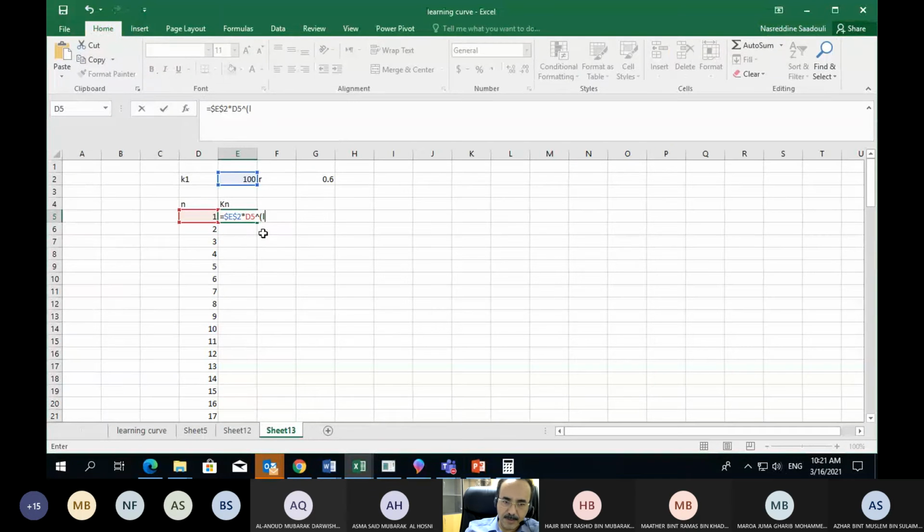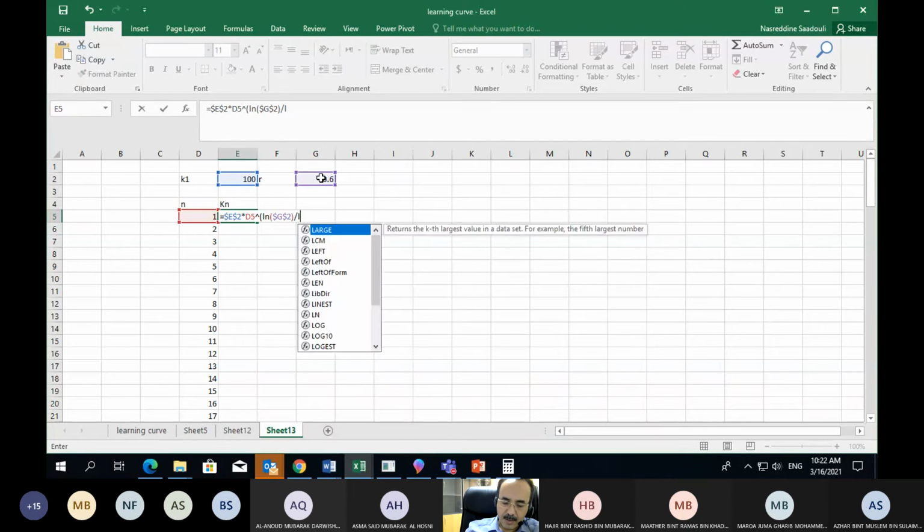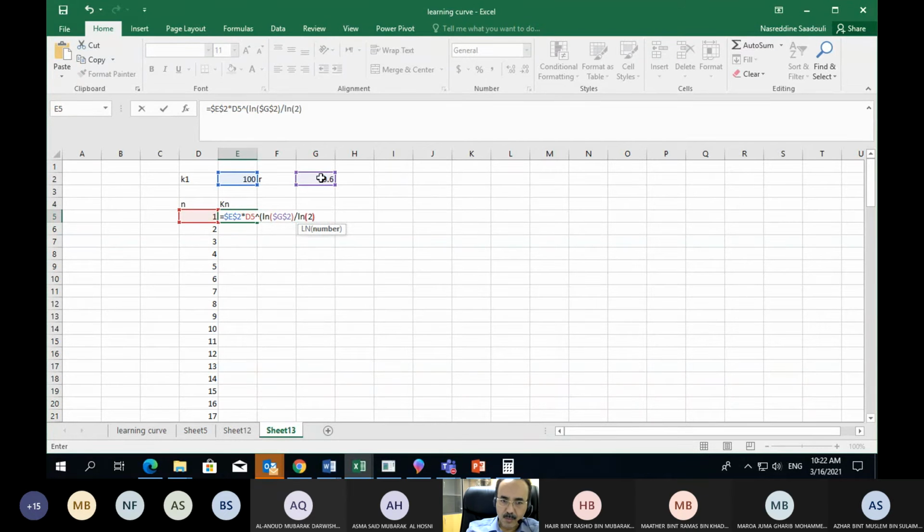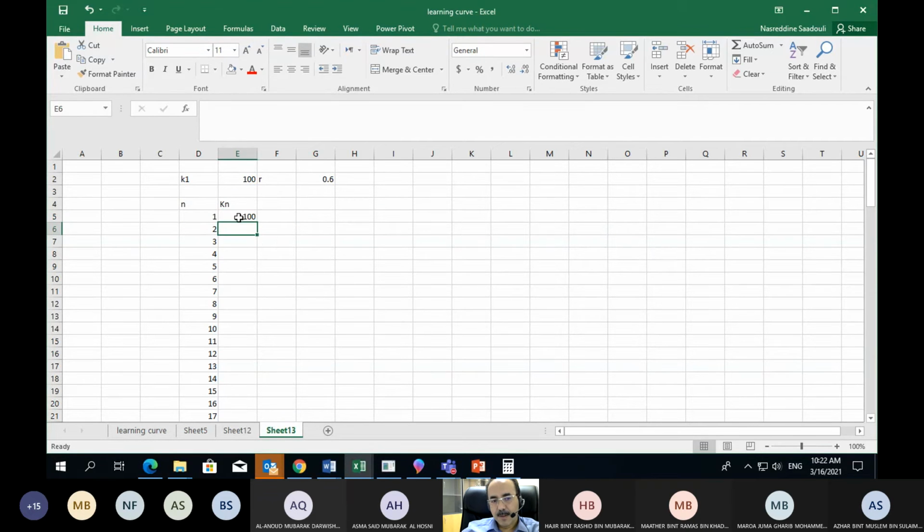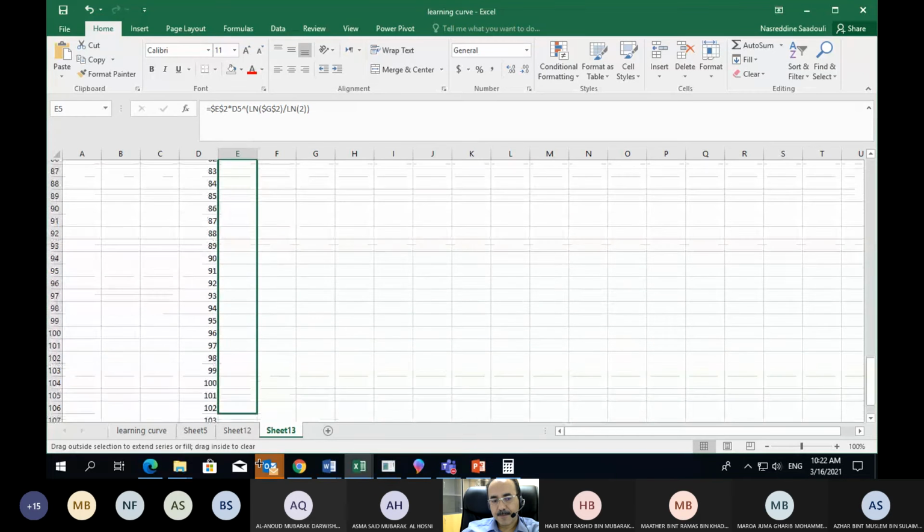So log is the logarithm ln, R is right there, divided by log of 2. We're going to copy it down and see how this looks.